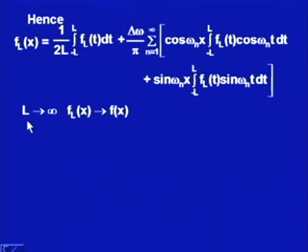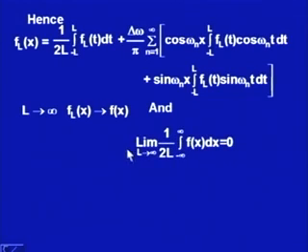take the limit on both the sides. As L approaches infinity, we do know that f_L(x) approaches f(x), and as L approaches infinity, 1 upon 2L times the integral of f(x) dx from minus infinity to plus infinity, this is 0.